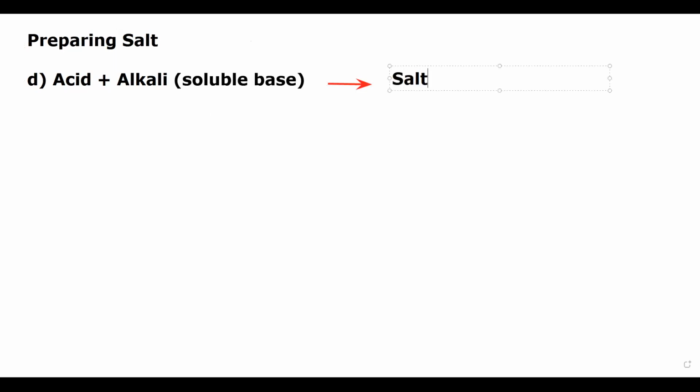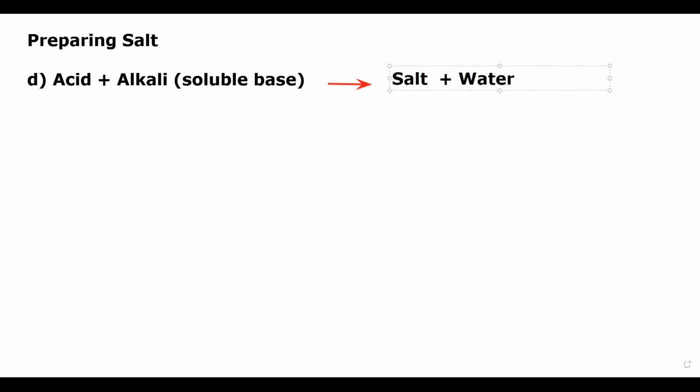The last one is when acid is reacting with alkali or base, we can also say soluble base. So when acid is reacting with a soluble base, it will give salt plus water.